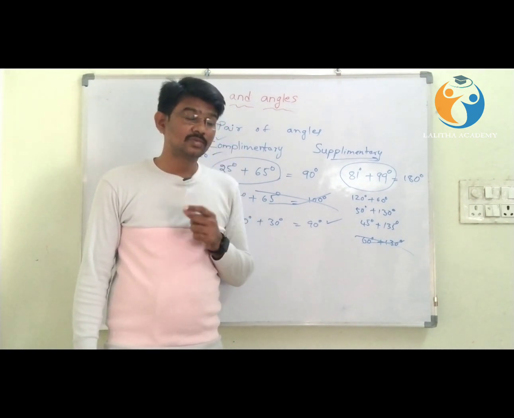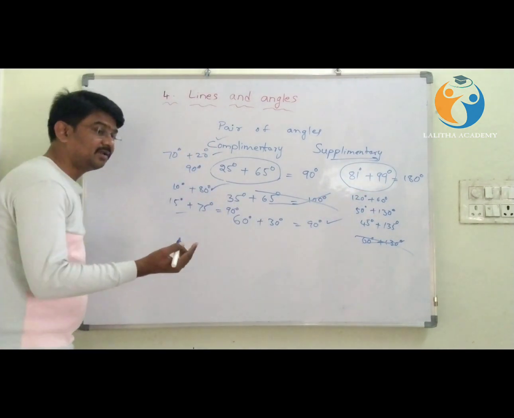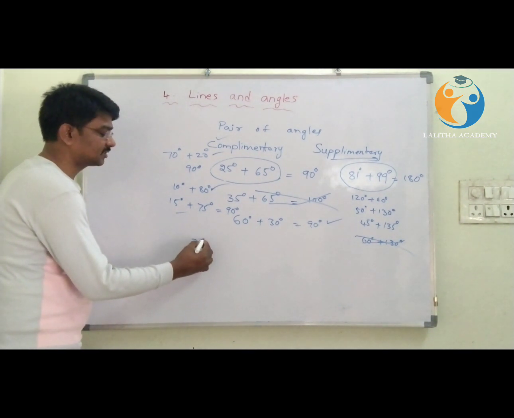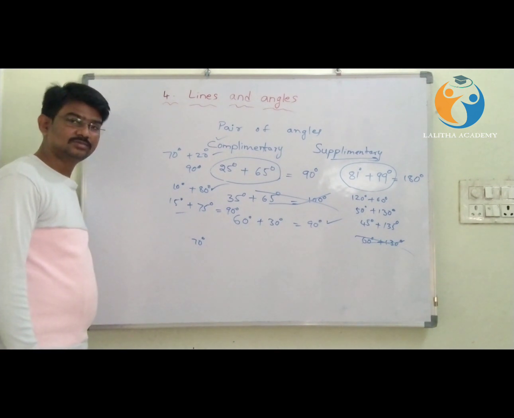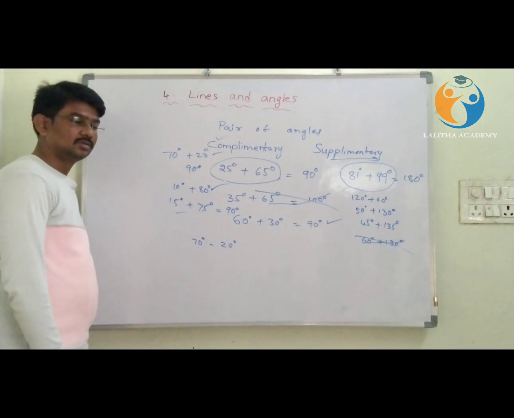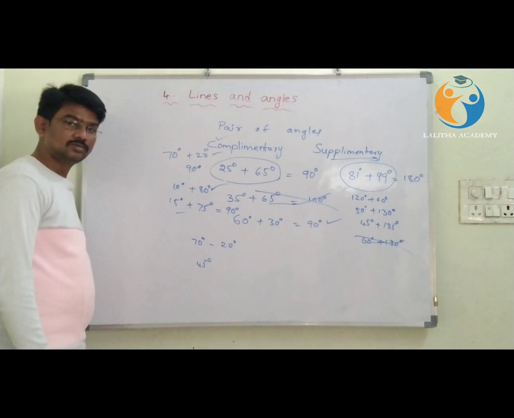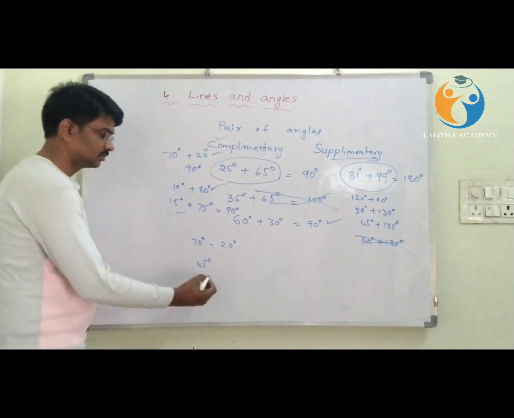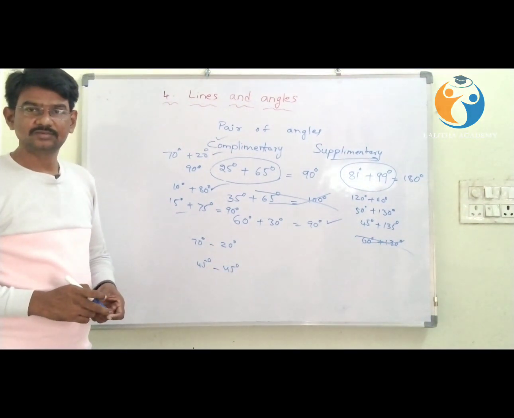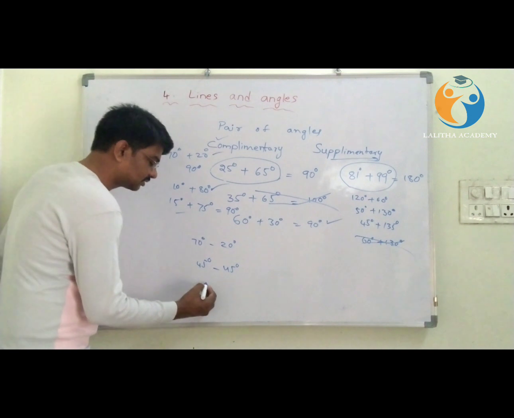Now understand? You may face some questions like this from these two topics. Write the complementary angles of the following angles. Suppose 70 degrees is given, what should you write? 20 degrees. Suppose 45 degrees is given, you need to write 45. 45 plus 45, 90. 30 degrees given.